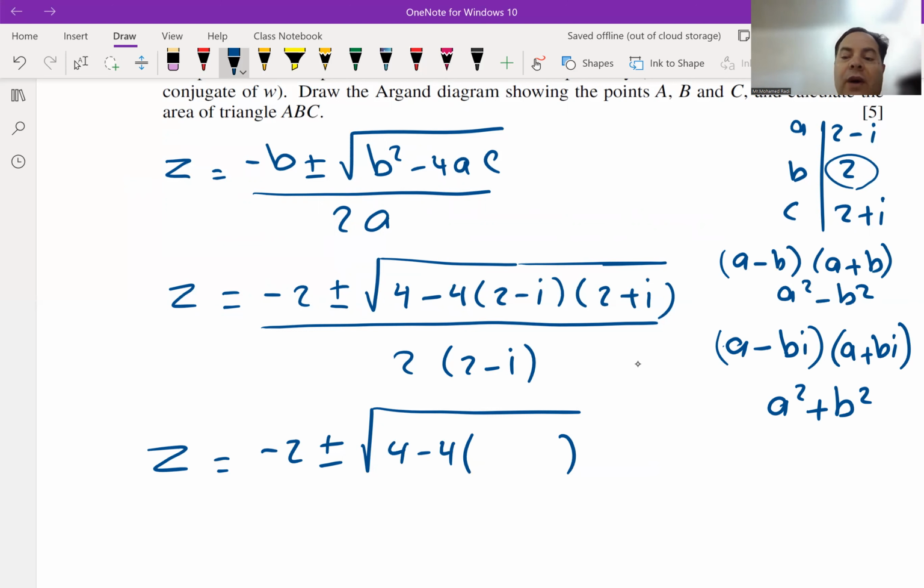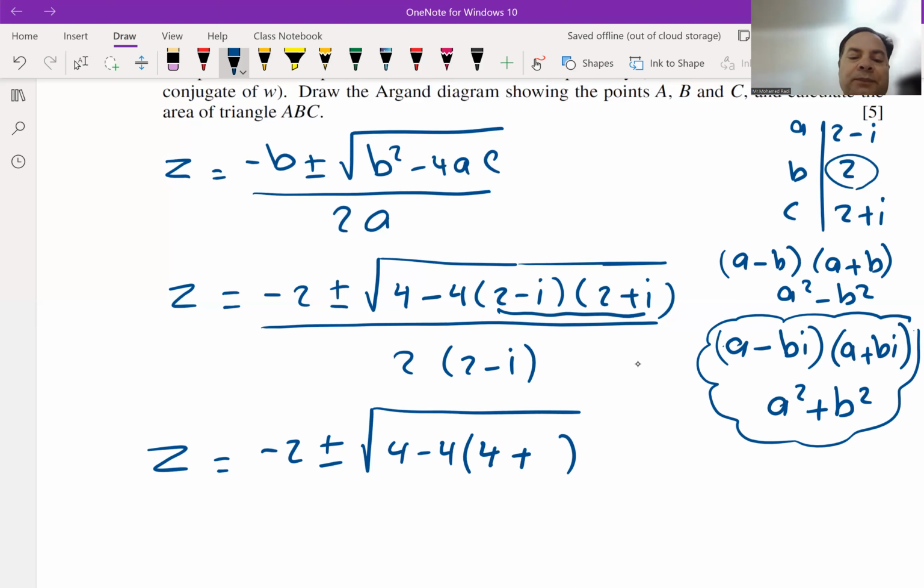But because we now have i, i squared will be positive. So you can use the identity for complex numbers directly: 2 minus i and 2 plus i, we can directly write 4 plus 1, all divided by 2 times 2 minus i.